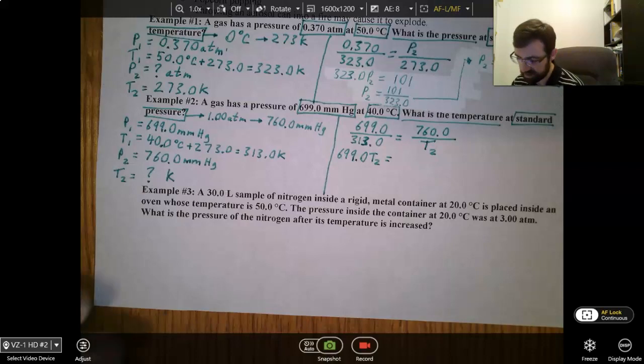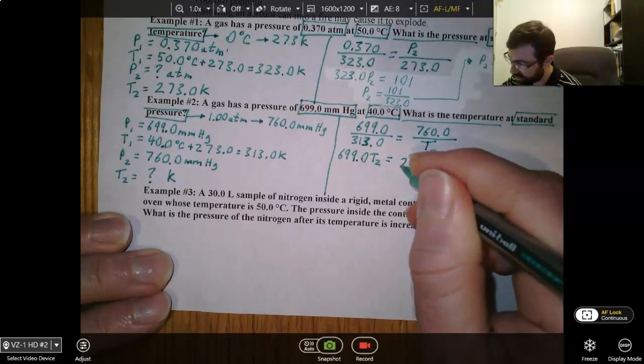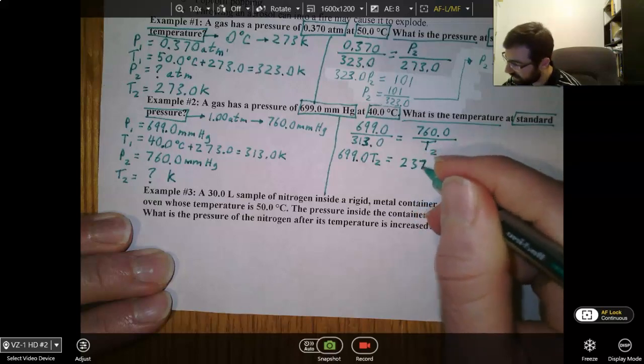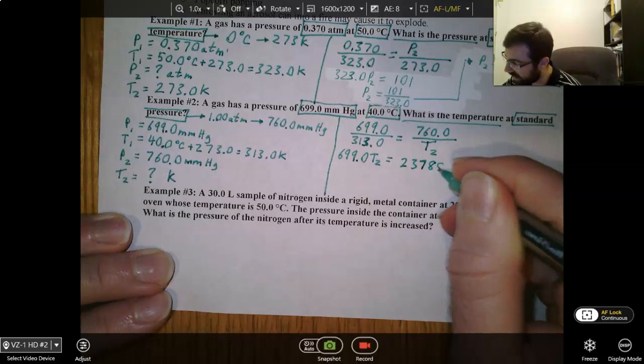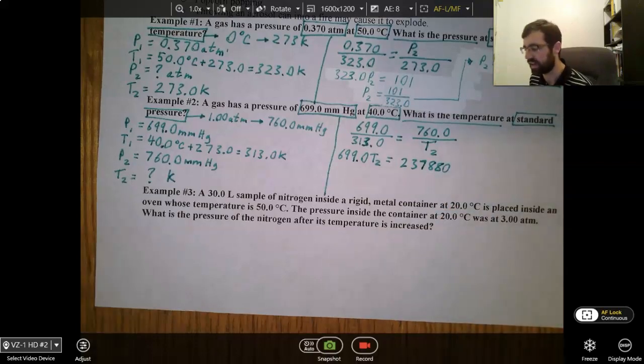We get some big, huge, crazy number. Just write it down. 237,880. Okay, we'll round to sig figs at the end.